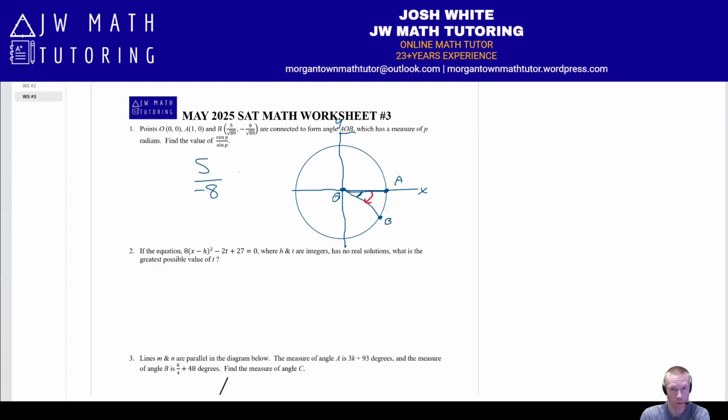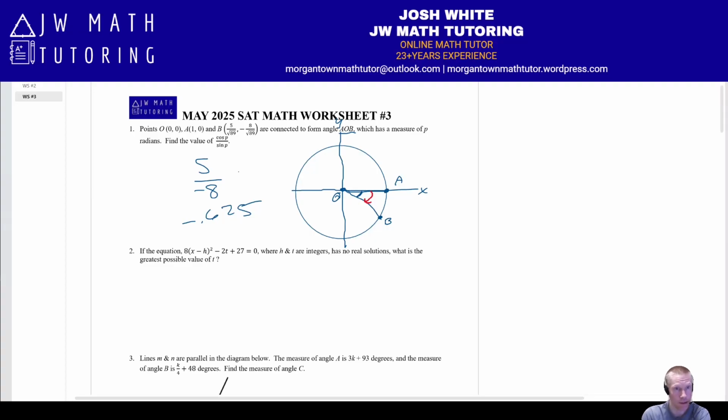Therefore, that would make the answer negative here, because the sign in quadrant 4 is negative, and therefore the answer would be negative 5/8, or you could also put it as negative 0.625, or you could also put the 0 in front of it as well.